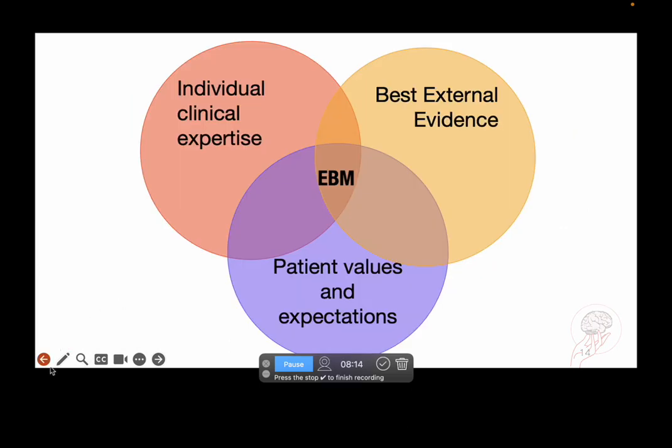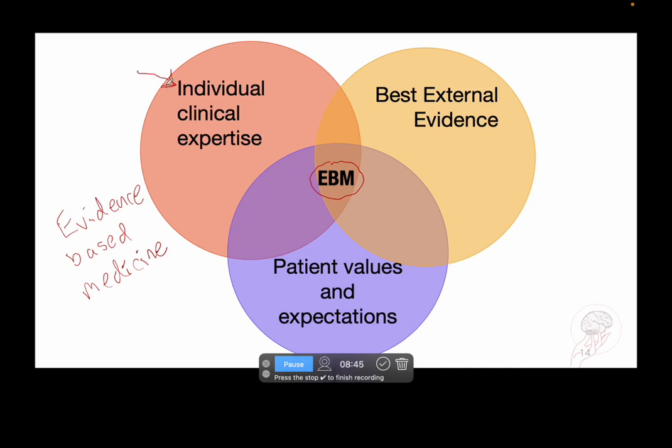So when we are assessing our patients and giving them treatment, we need to use what's called evidence-based medicine. And evidence-based medicine is important because for a long time, clinicians really relied solely on this first, clinical expertise.